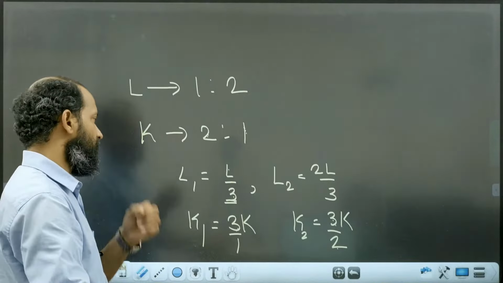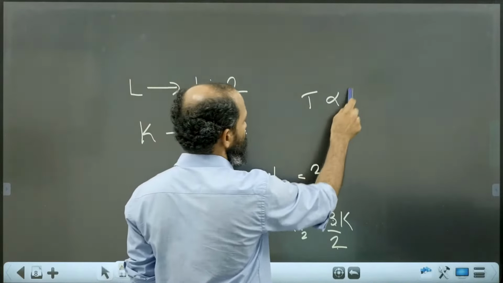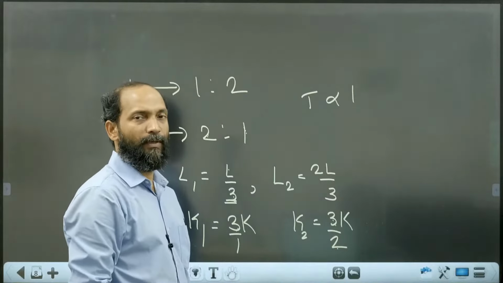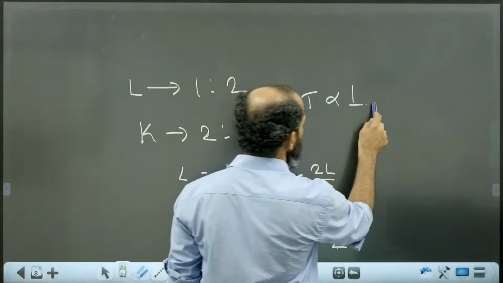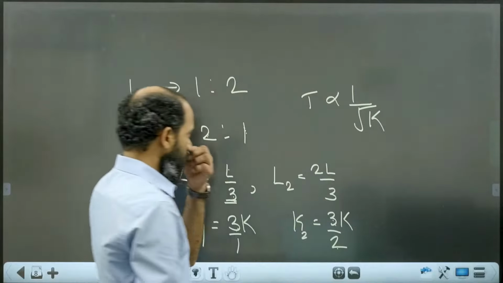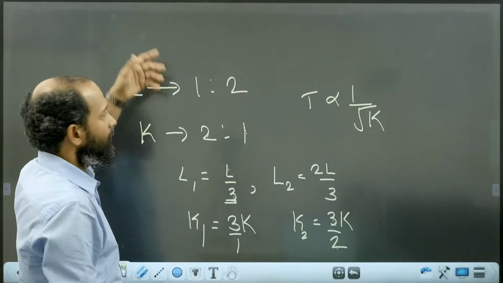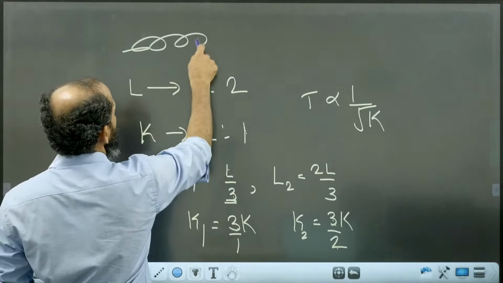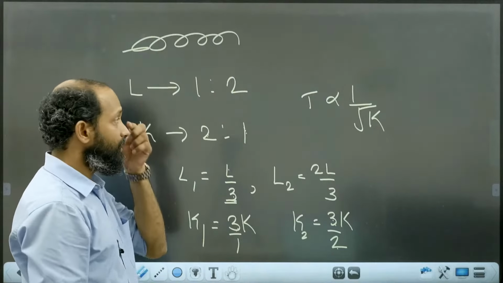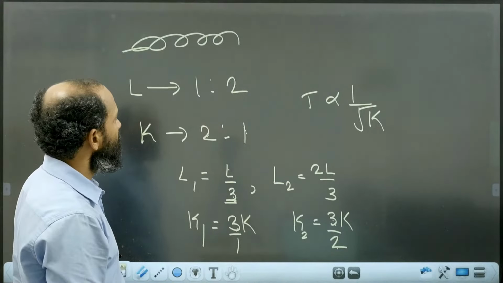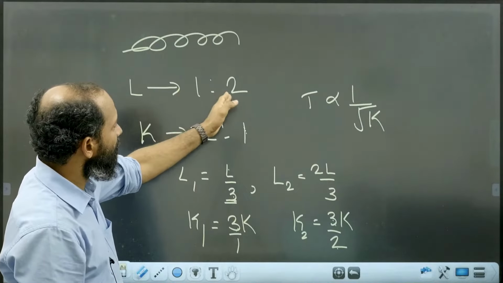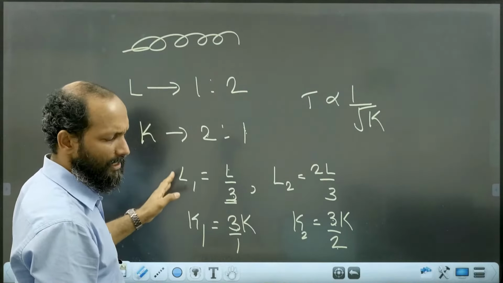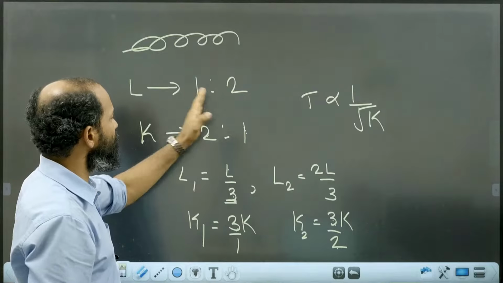Then you can find out the periodic time ratio. T equal to 2 pi root m by k. So T proportional to 1 by root k. You have the uncut spring, and when oscillated with a mass the period is T. You cut the spring into two unequal lengths whose lengths are in the ratio 1:2.